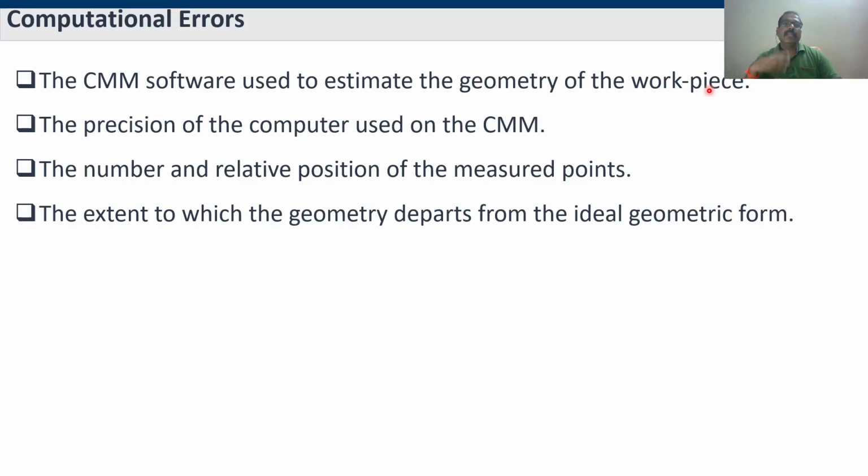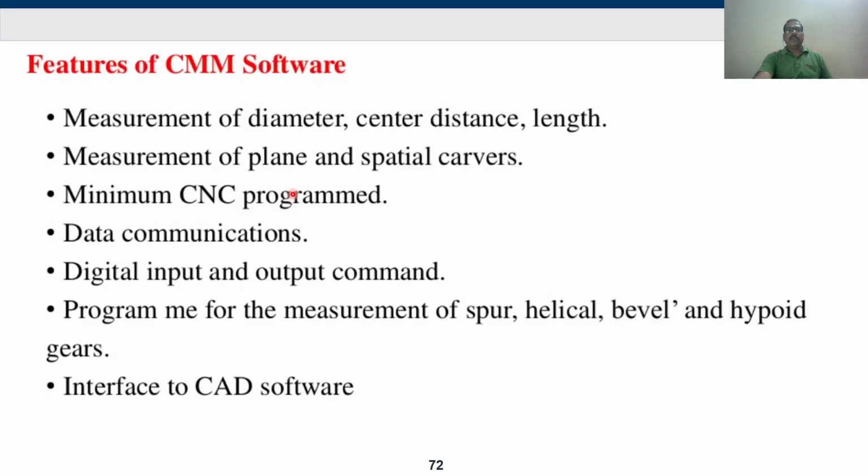And the number and the relative position of the measured points. So how many readings are we taking, and what is the relative position between these measured points, is also very important. The extent to which the geometry departs from the ideal geometry form is also important in order to find the computational error. So errors, practical or computational error.